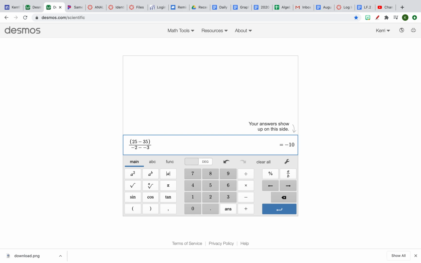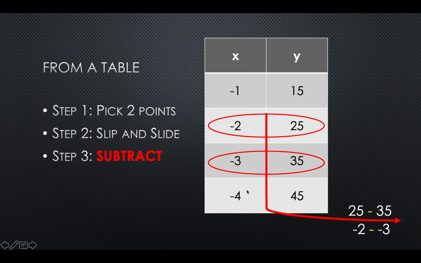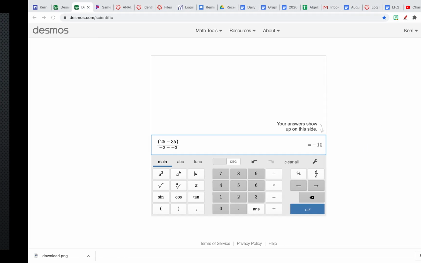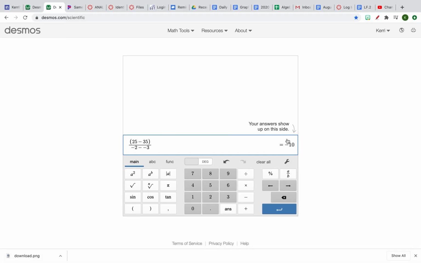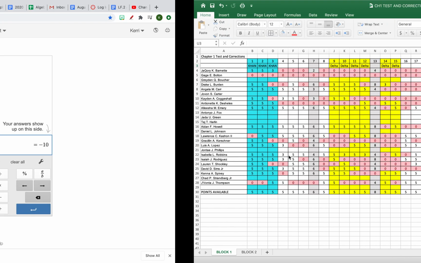Now you have to pay attention that you have not forgotten anything. Do not forget your negatives here. Do not drop your subtraction sign. Do not forget your negative here. As long as you put this into the calculator correctly, you cannot mess up. And so the slope of this is -10.